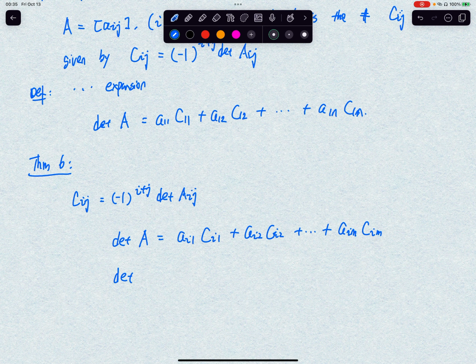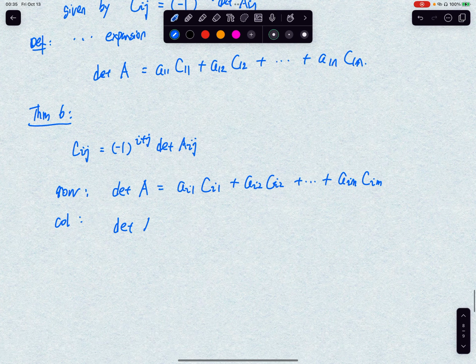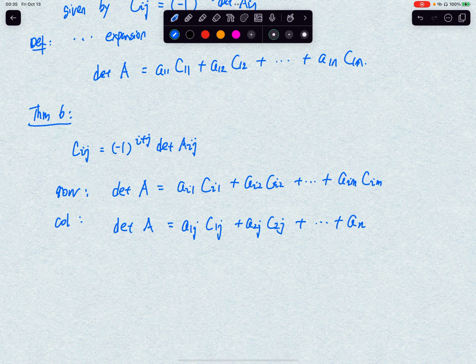This is for a row. If we use a column, it is a1j C1j plus a2j C2j plus all the way down to anj Cnj.